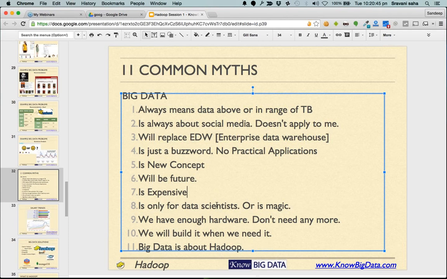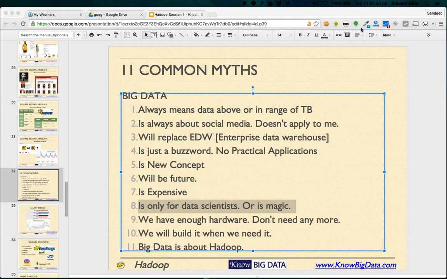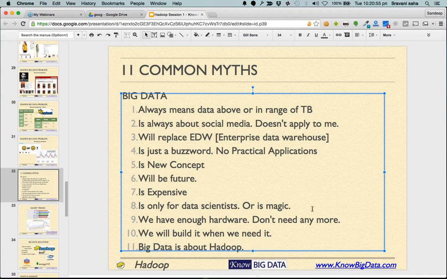Now, the next myth which I see all around is that it is only for big data scientists, or that it's magic. Not really. It's for almost everyone. Though there are a few parts where you need data scientists' help in optimizing algorithms and finding better algorithms, the good news is most of the algorithms are commoditized, meaning they are available for free in the open source world.